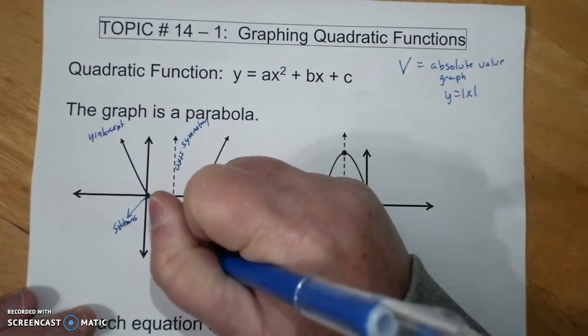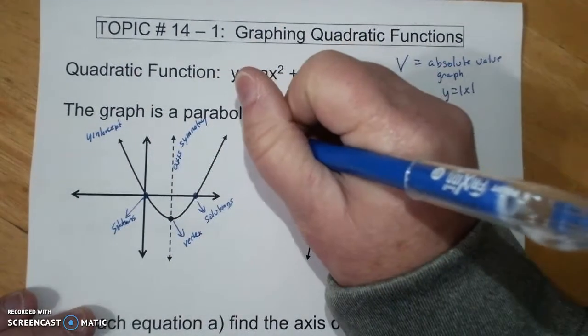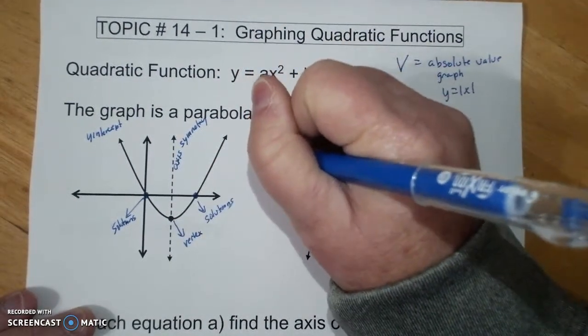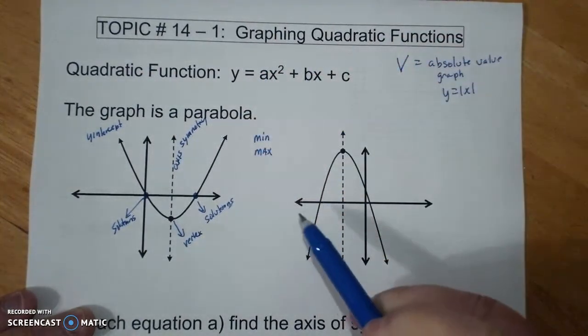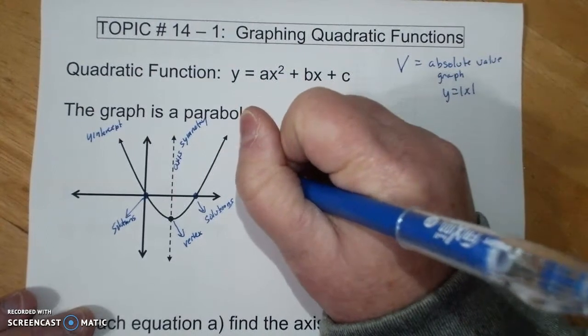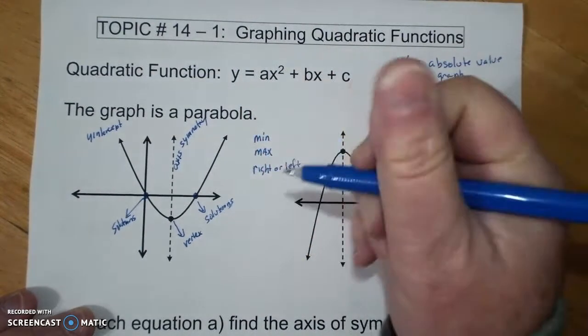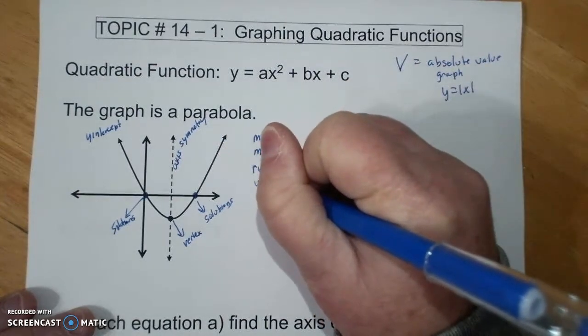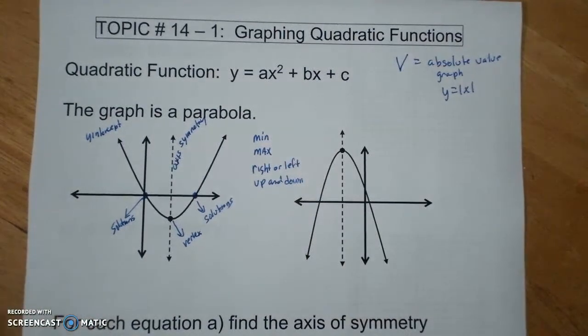And lastly, the vertex. You're also going to have to tell me whether it's a minimum or a maximum. And you're going to have to tell me whether it is right or left. Yes, we can move them again. We can also move them up and down. So we're going to introduce a couple of these topics each time.